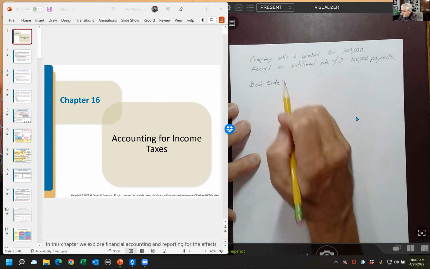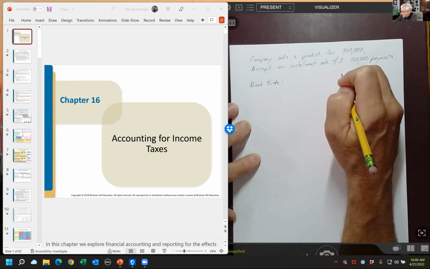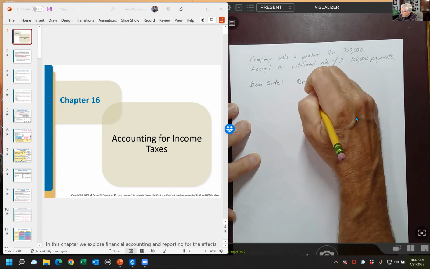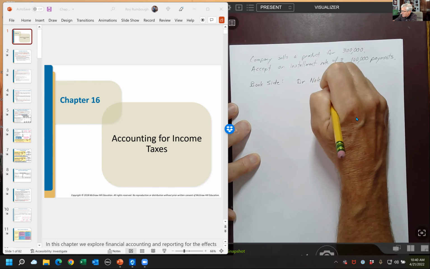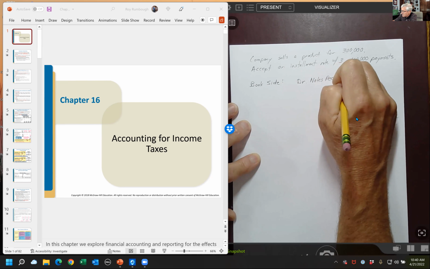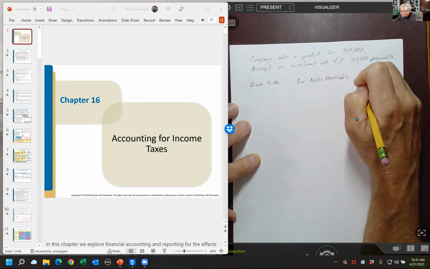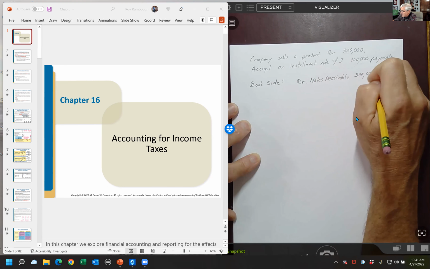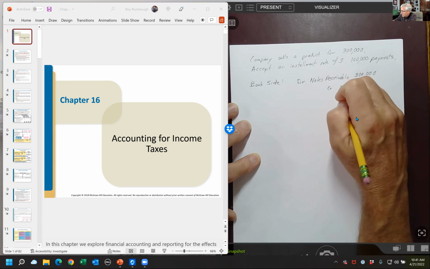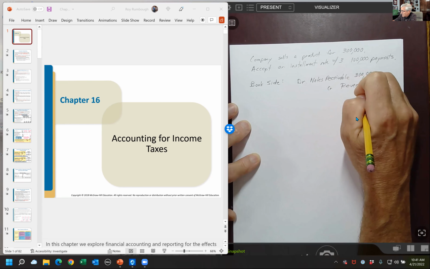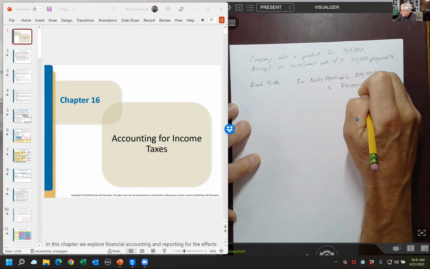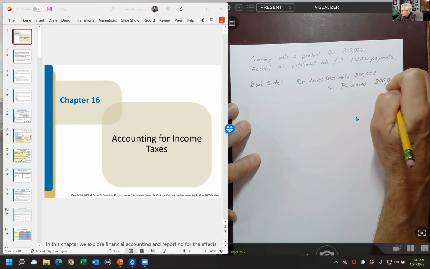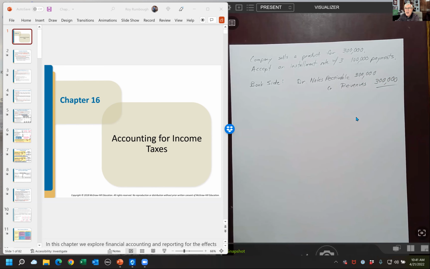So on the book side, we're going to debit notes receivable for $300,000, and we're going to credit revenues for $300,000. So note, on the book side, in the year we do this, we record a $300,000 profit.